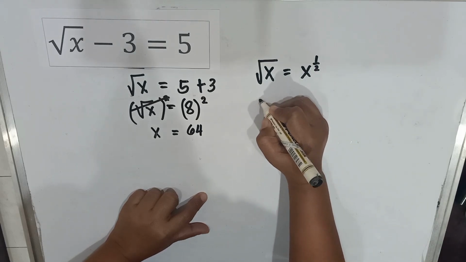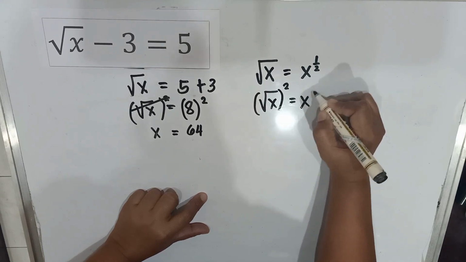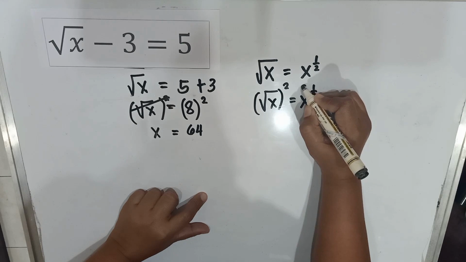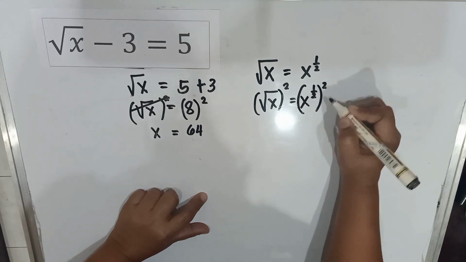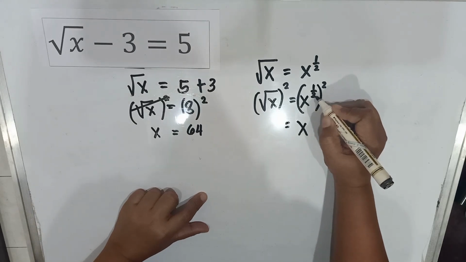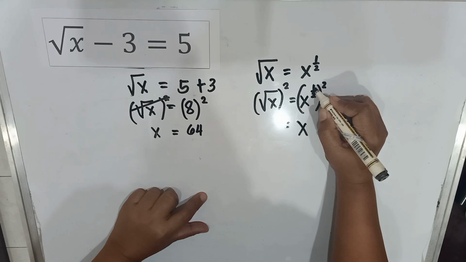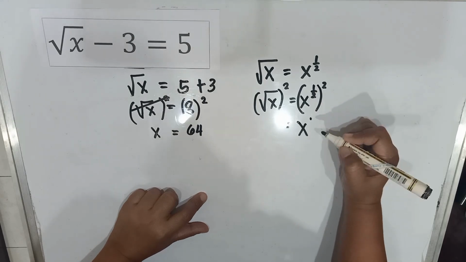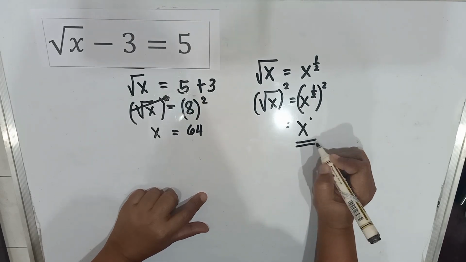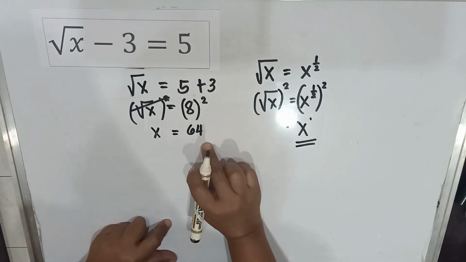So when we say square root of x raised to the power of 2, that is actually x raised to the power of 1/2, and raised again to the power of 2. Remember, power of a power: 2 times 1/2 is 1. So what is left is just x. That is what happened here. So, x is equal to 64.